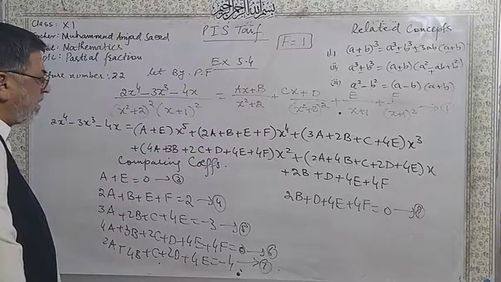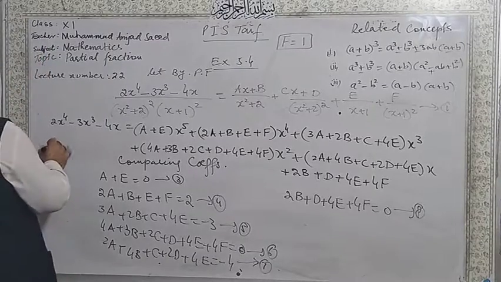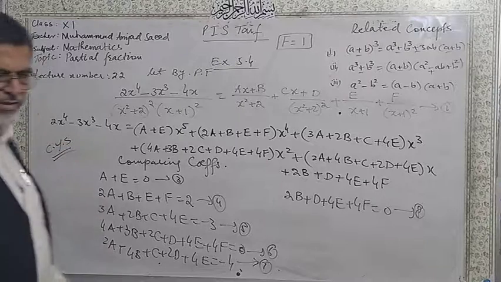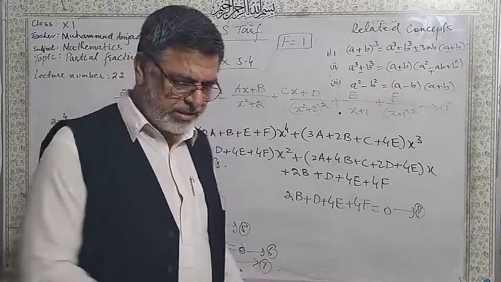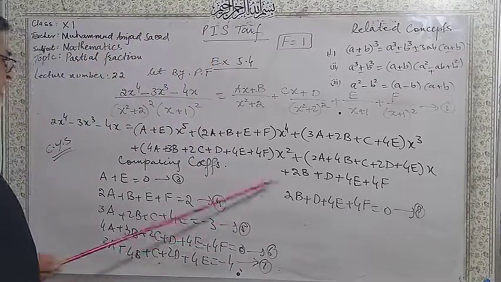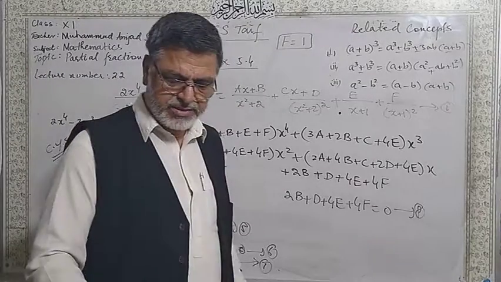I hope that you can complete this question by yourself. Try at home. If you could not, then tell me, Inshallah, I will do it. But it is the question. Here you have to solve these equations simultaneously to find the values of constants.